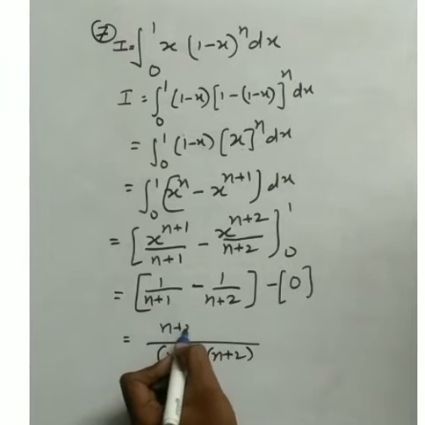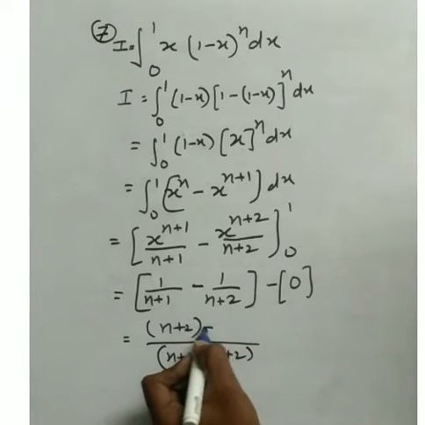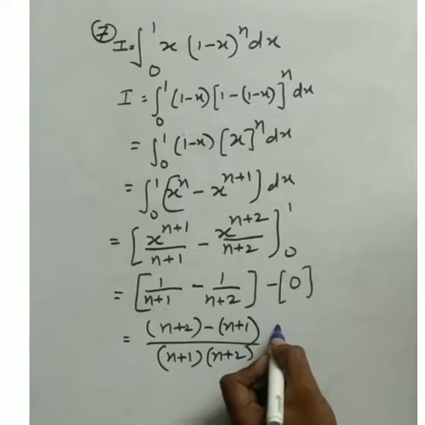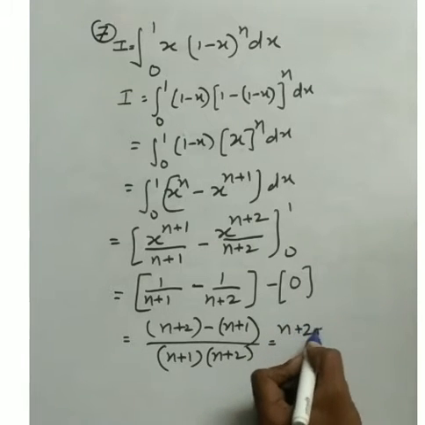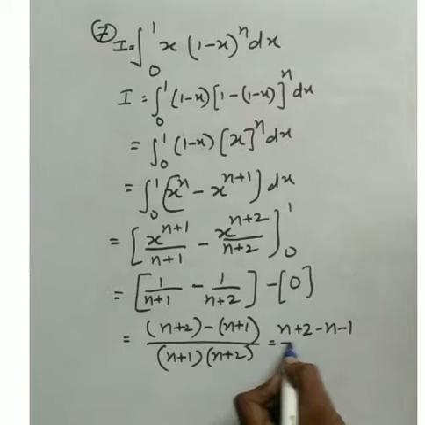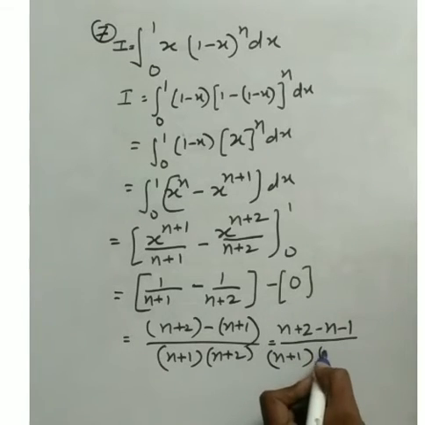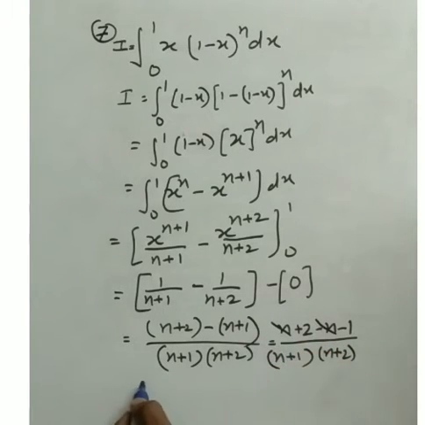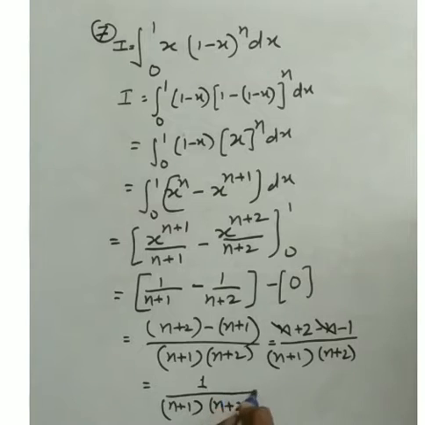Here n plus 2 minus n plus 1. This becomes n plus 2 minus n minus 1 upon n plus 1 and n plus 2. n and n cancel. 2 minus 1 is 1 upon n plus 1 and n plus 2. This is the answer for this problem.